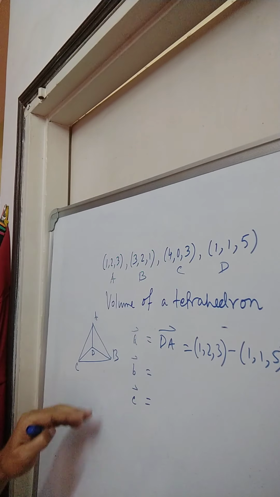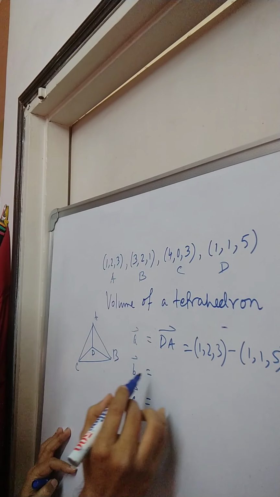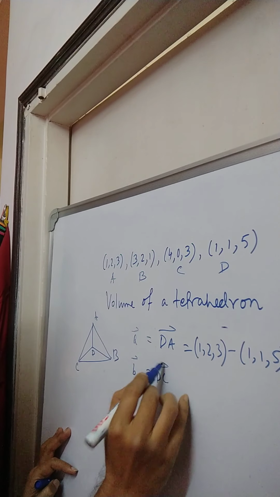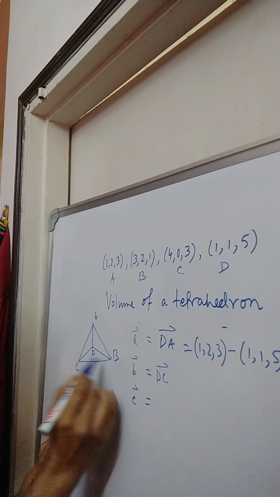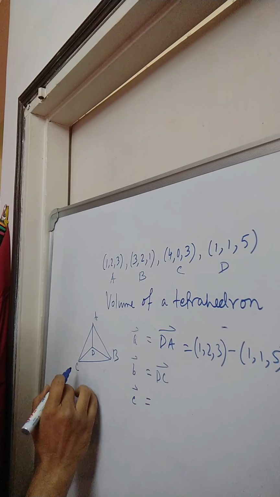And what will be B and C? B will be DC or CD. Let us write it as DC because we are emanating from this point only. It will be symmetric and logical. So, what will be DC?